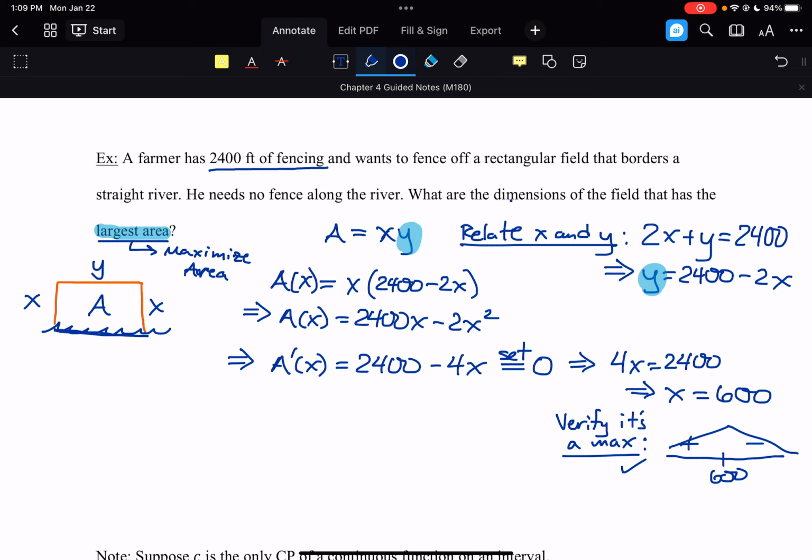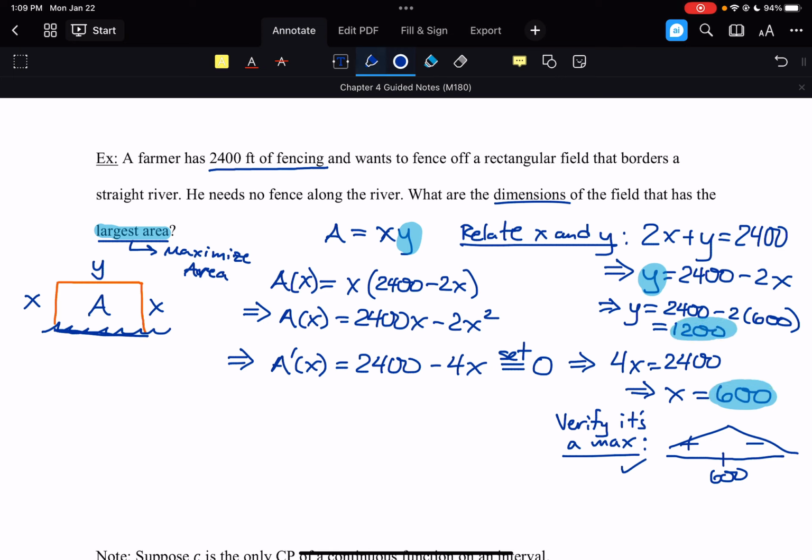And we need the dimensions. So we have x, we need y, but we know what y is in terms of x. So let's go ahead. y equals 2400 minus 2 times 600. So that's 1200. So here we have our two values.